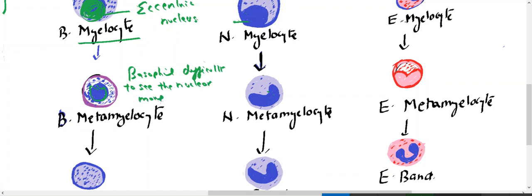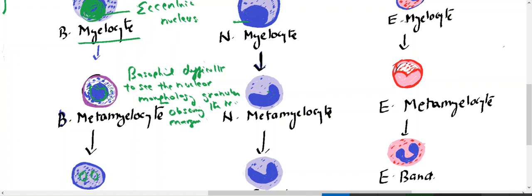Why? Because the granules are obscuring or hiding the nuclear structure, or nuclear margin, I would say. The granules are so many that you cannot see the lobes.